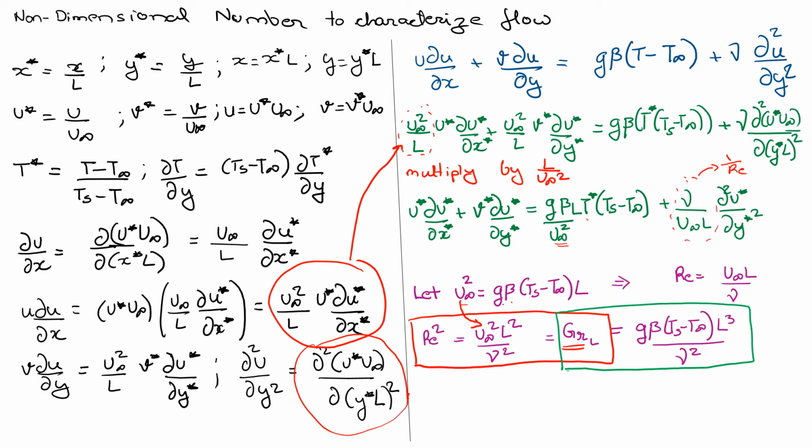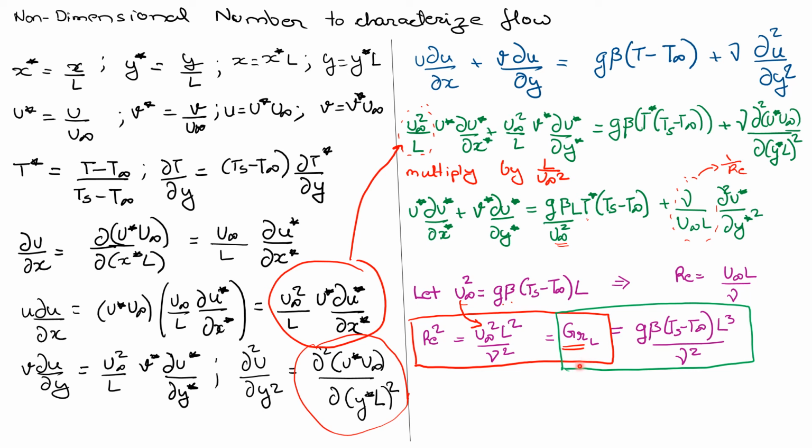This is the definition of the Grashof number, and it is a very important definition. You must know the definition of it. You need not focus on the derivation; you should just know how we derived it, but you don't have to memorize it.